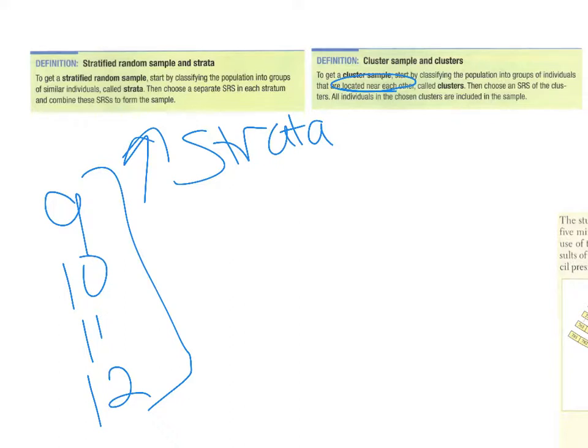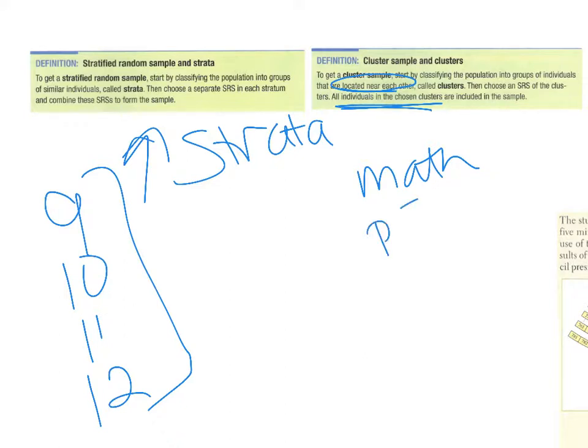When you do a cluster sample like that, you're sampling from all of the individuals in the cluster. So you would take a math class and sample every kid in there, 9th, 10th, 11th, 12th grade, whatever.